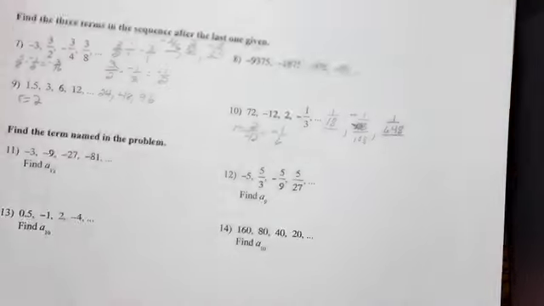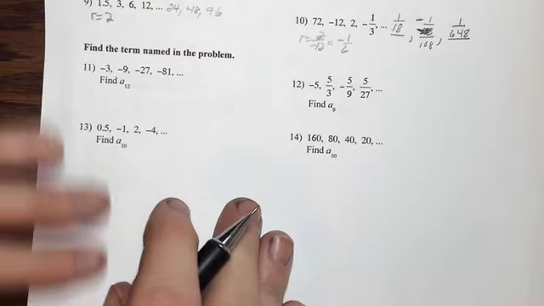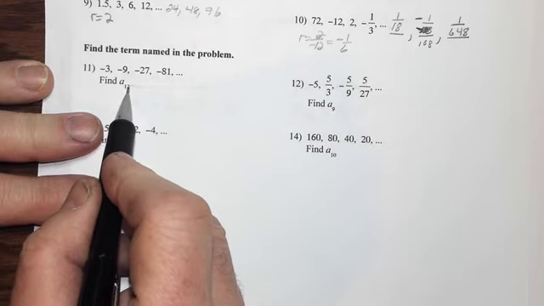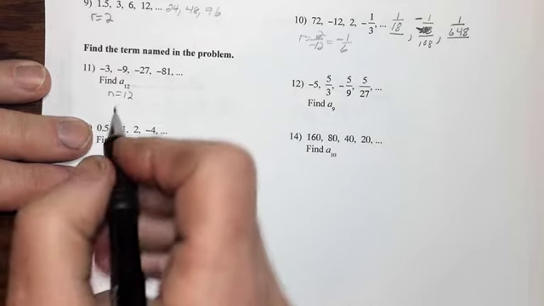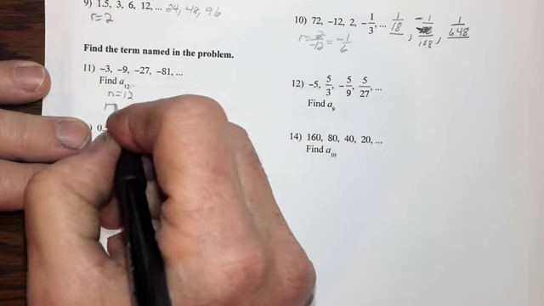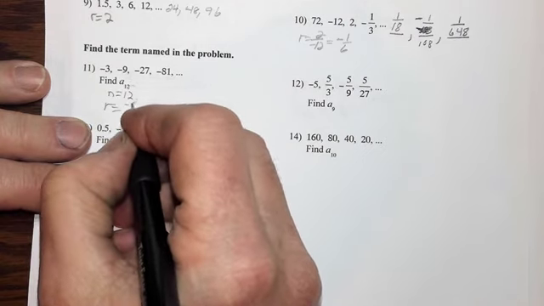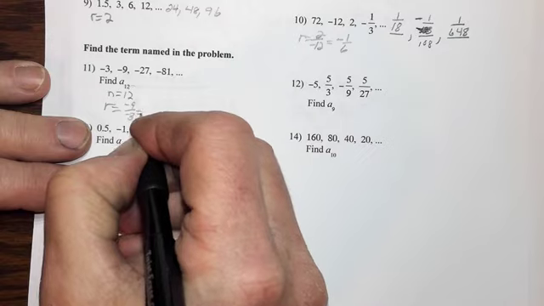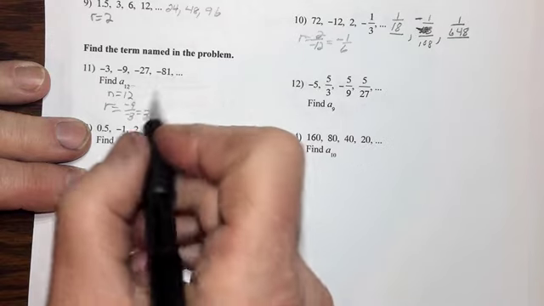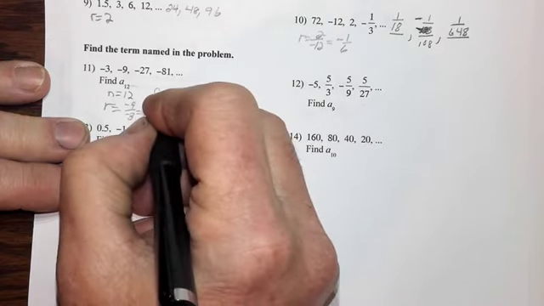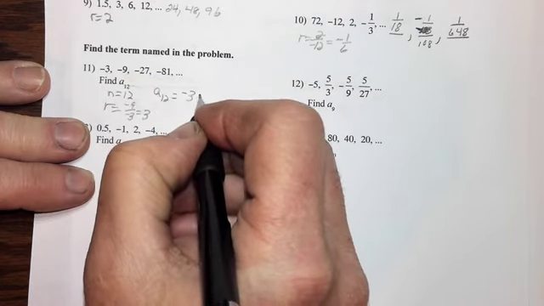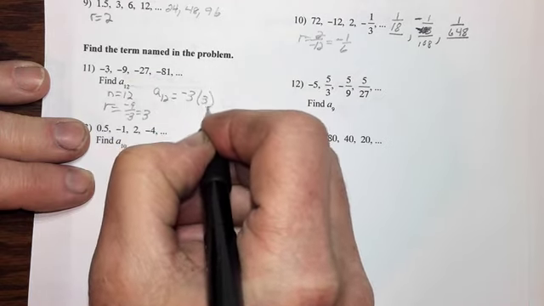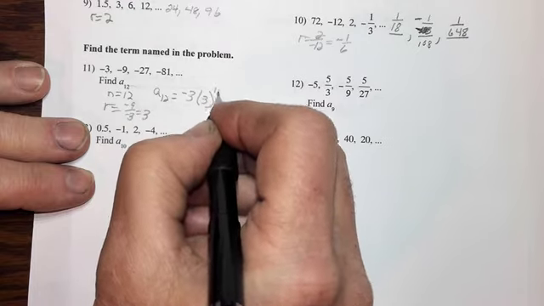And so if we want to find a particular term of a sequence, say the 12th term of this one, we know that n equals 12. My common ratio is negative 9 over negative 3, which is positive 3. So a sub 12 is going to be a1 times my common ratio, which is 3, to the 11th.